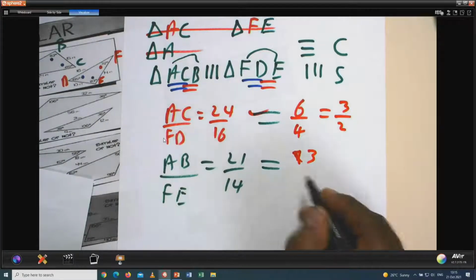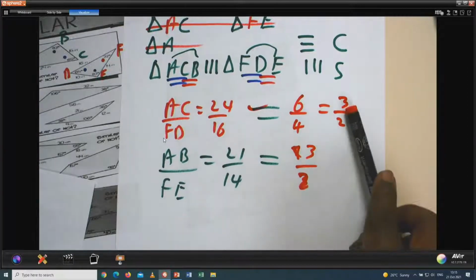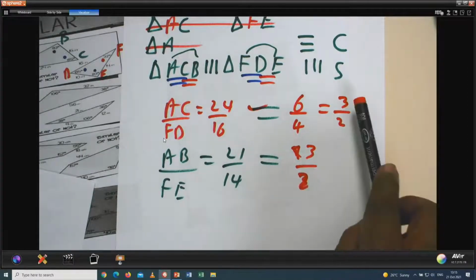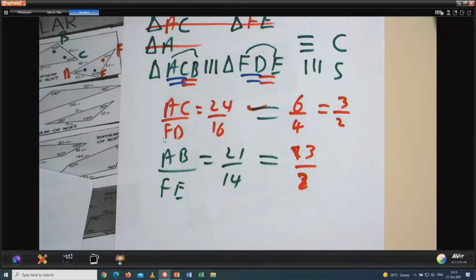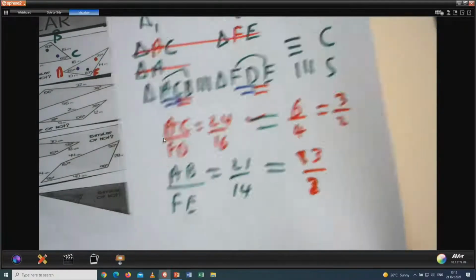How many 7s in 14? 2. So this is important. When you divide all those sides, they must give you the same ratio. In other words, they are in proportionality.